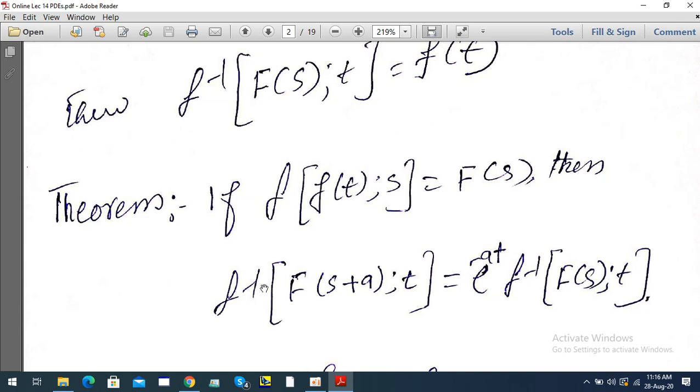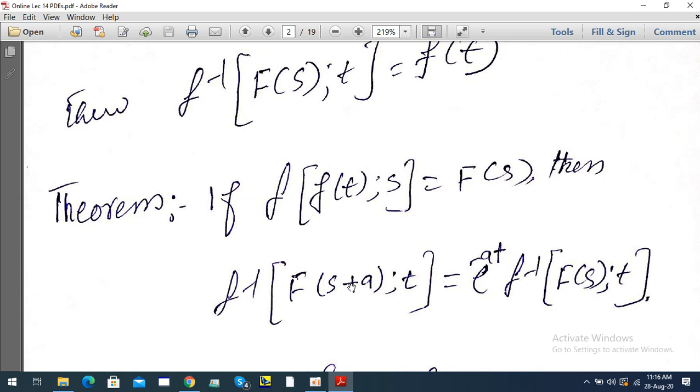What does this theorem state? If the Laplace of f of t is F of s, and you are asked to find the Laplace inverse of F of s plus a, so what will be the Laplace inverse of this? This will be nothing but the exponential function of at with negative sign. If this is positive, there should be negative.